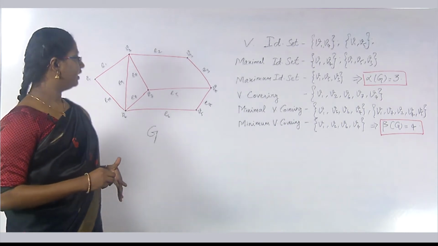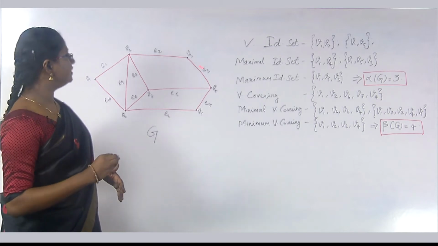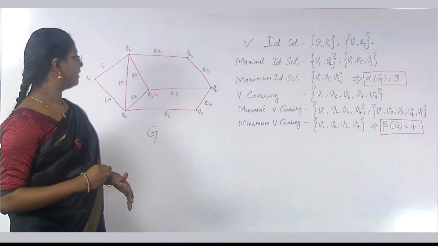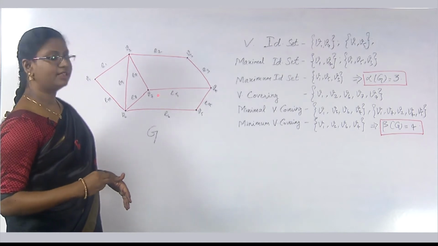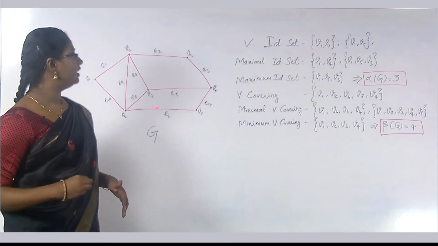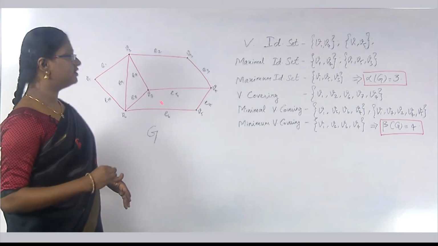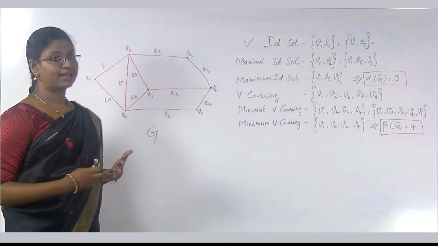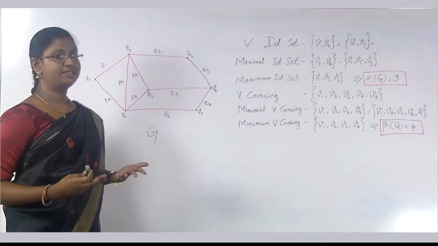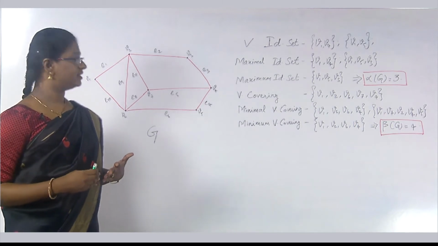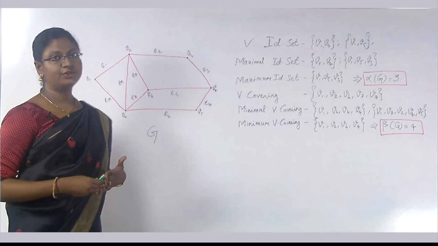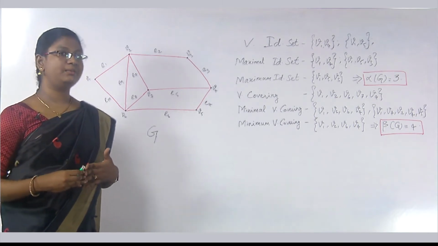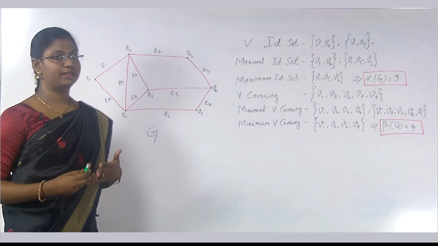So, listen, if I consider all the vertices V1, V2, V3, V4, V5, V6 and V7, eventually that will cover all the edges. So, there is no point in finding the maximal covering set or maximal covering number, because that is already known to us if we consider all the vertices.